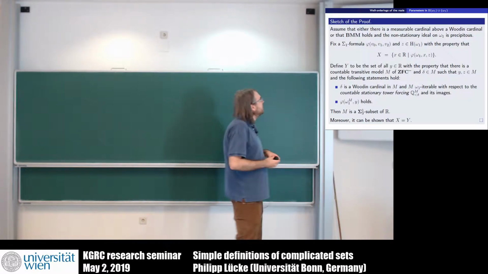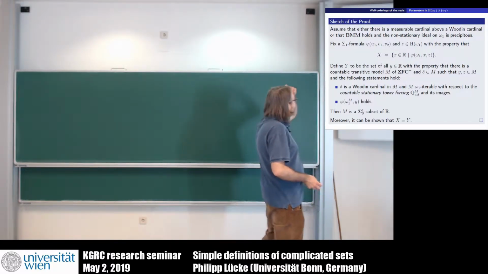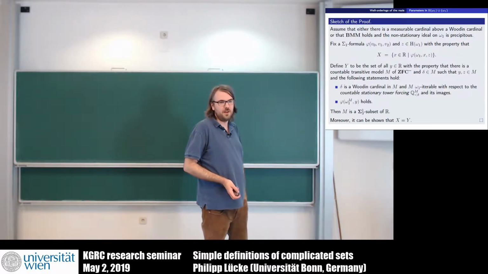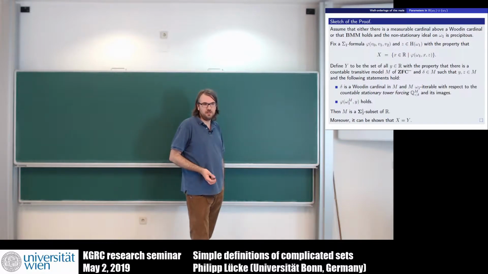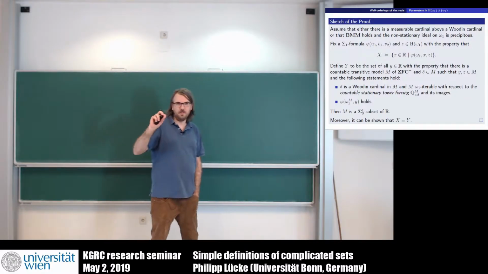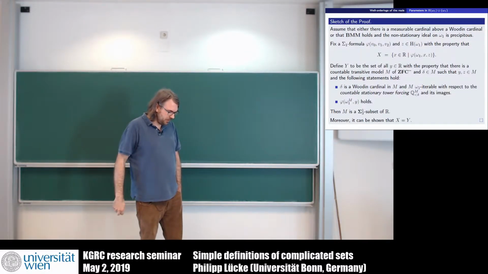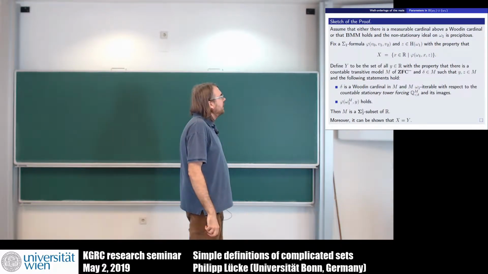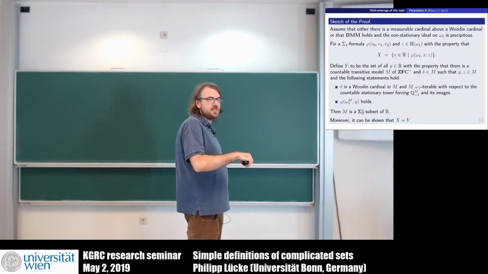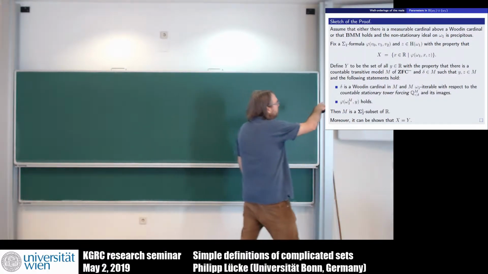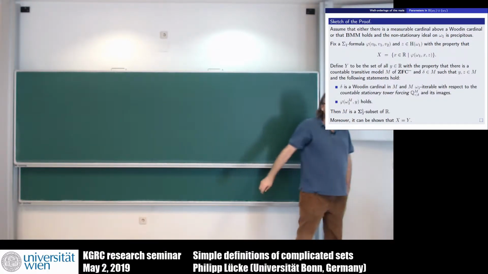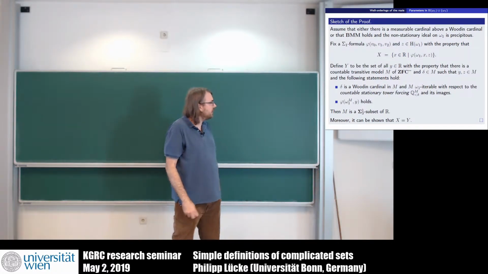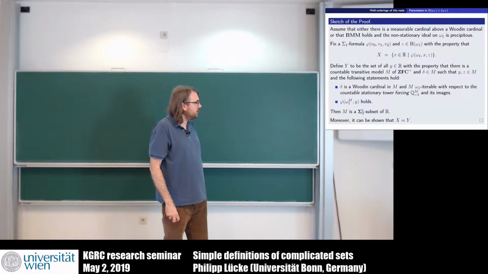And now both of these assumptions imply that M1 sharp exists for every subset of omega 1. So you get this model for the subset that codes the truth of the sigma 1 statement. And if you take a countable submodel of this, then it will witness this statement. So that's one direction. This shows that x is a subset of y.